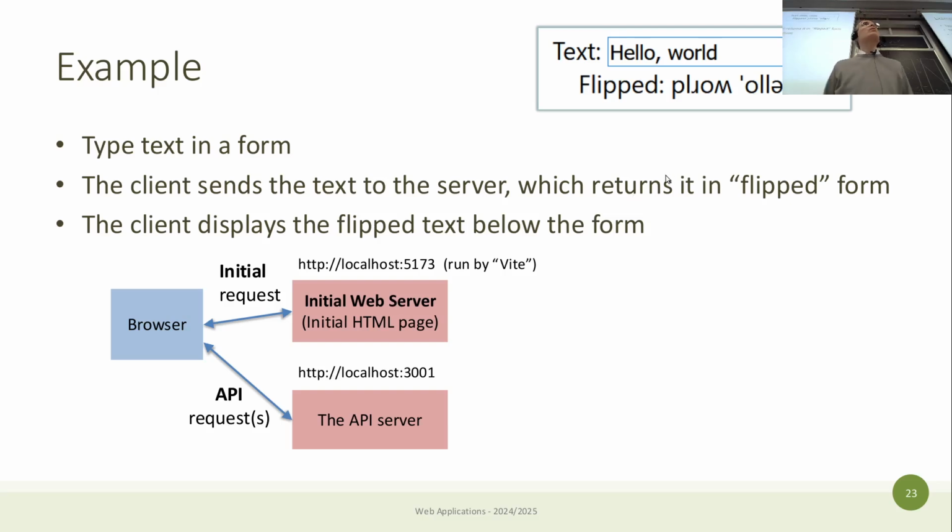So let's come to the example now. We have a browser. We would like to run this very simple application. I'm going to show it to you in a minute. There's a text box where you can type, and there is a server that takes this text. So we send the server this text, and it returns it back in a flipped form. What's this flipped form?